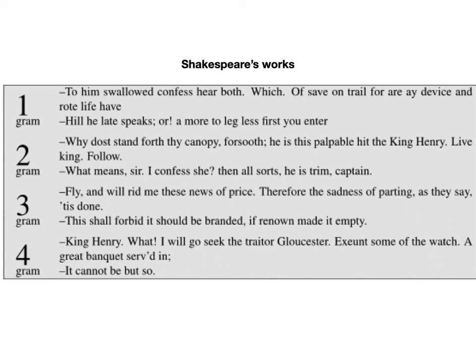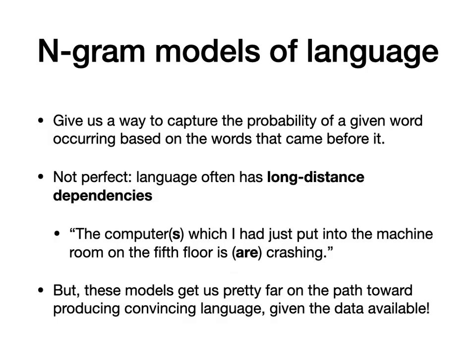Because those 3 words are less and less likely. We are more closely replicating exactly what was seen, as opposed to choosing things sort of broadly. So, I hope this introduces you well to the concepts of n-gram models of language and probabilistic models of language. And it's showing a way to capture probability of a given word occurring based on the words that came before it.